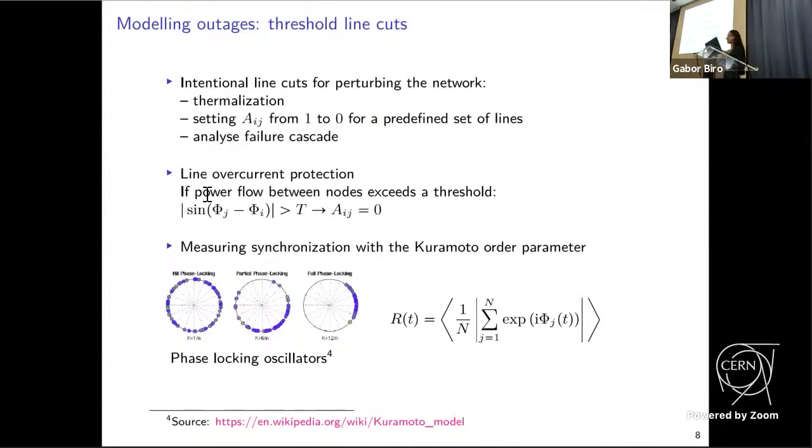All the phases are spread around from 0 to 2 pi. And if the network is synchronized, the phases gather close to each other. And in case of synchronization, this Kuramoto order parameter is around 1. And in case of desynchronization, it's 0.